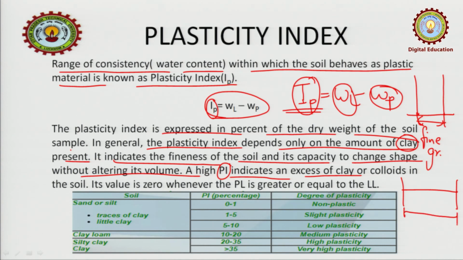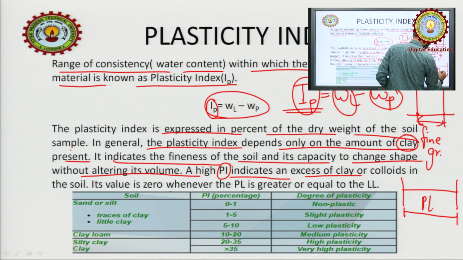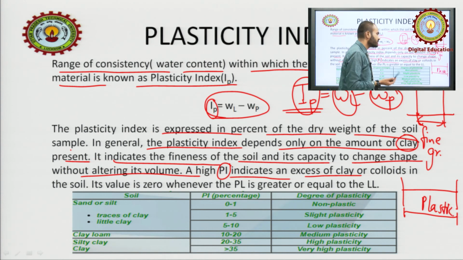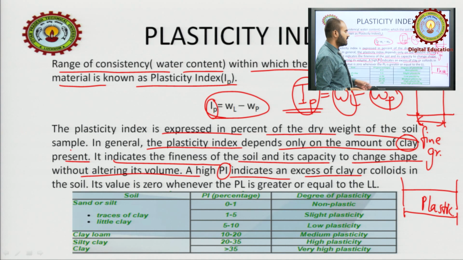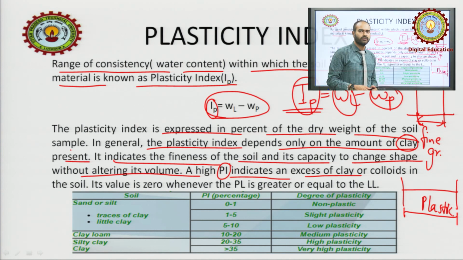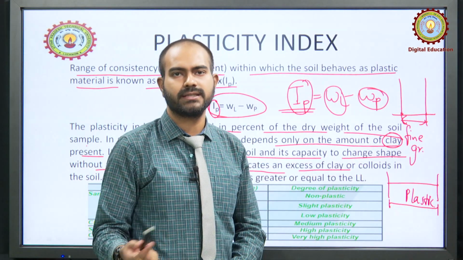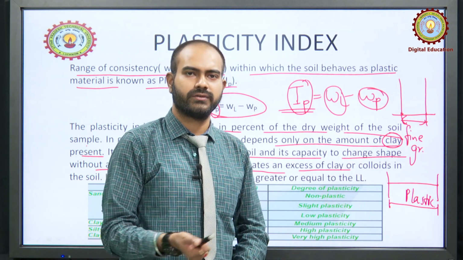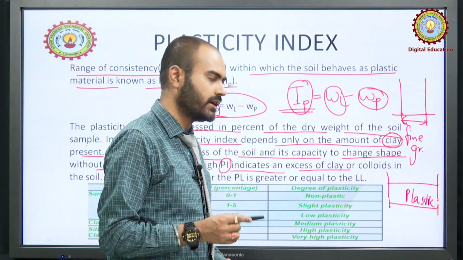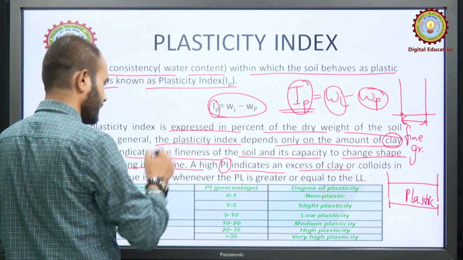This means there is a high content of clay, because clay is the only particle which causes plasticity. So if there is a high plasticity index, it means the clay content of that soil is high. The same is written here.